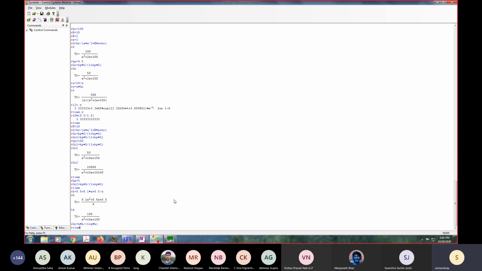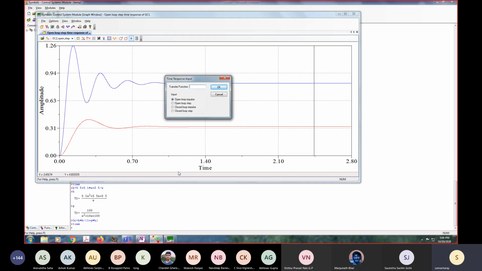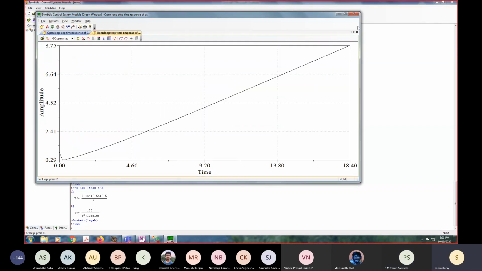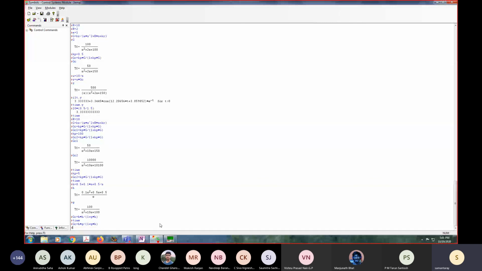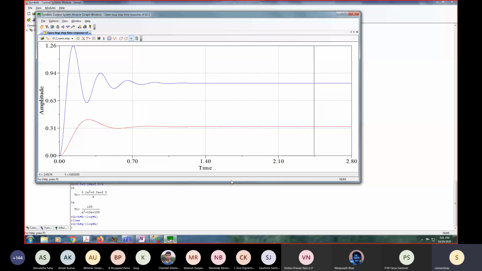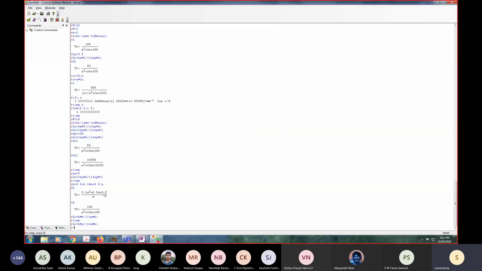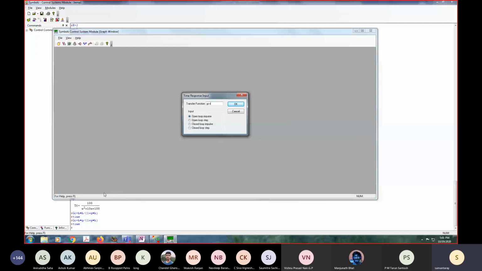So let me plot the time response with unit step reference of GC. Sir, you took H*H, sir. Okay, I will remove it. G*H. So time GC.